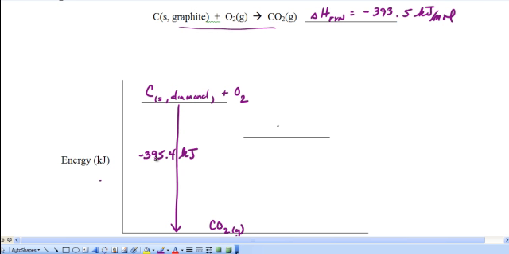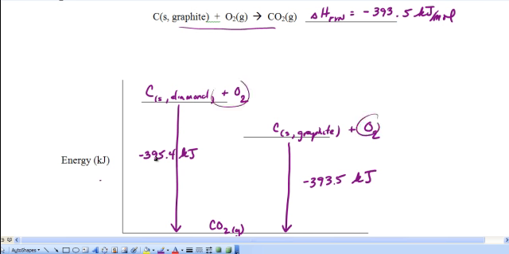When you do the same thing with graphite, carbon solid graphite plus your oxygen, the change is negative 393.5 kilojoules. The difference between these two, notice they're going to the same product. They have all the same reactants except for one's a graphite, one's a diamond. So the only difference between these two is the difference between the graphite and the diamond.